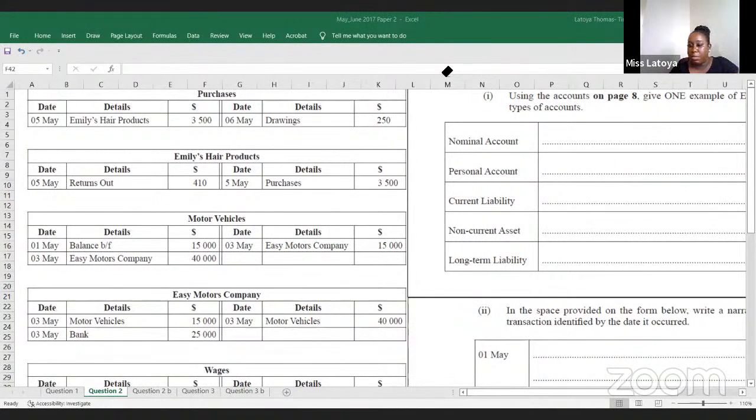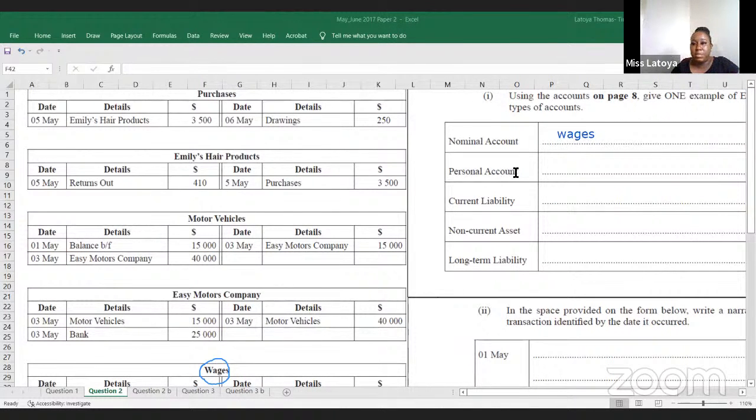All right, so our nominal accounts would be things like our expenses, anything from our income statements. So it would be wages. I'm seeing wages here, so wages will definitely. We're writing wages here. An example of a nominal account in this case is wages.